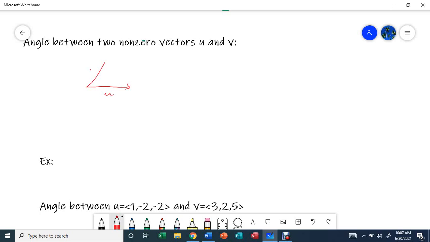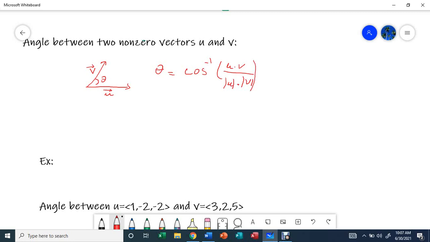Sometimes we write a vector with an arrow on top of it. The angle here is theta between u and v. So theta equals cosine inverse of u dot v divided by the magnitude of u times the magnitude of v.